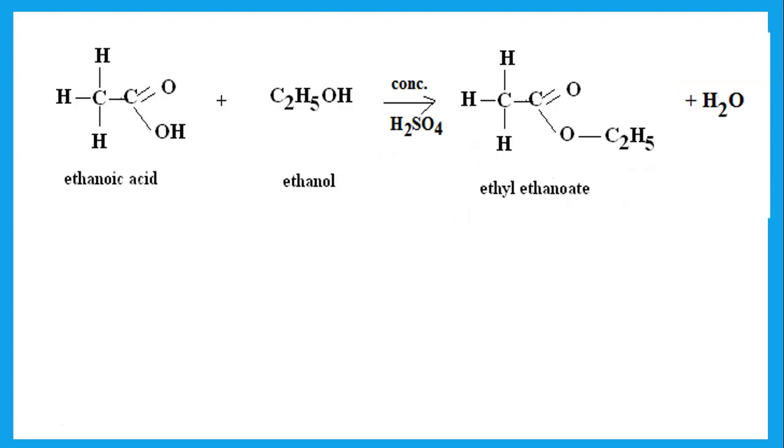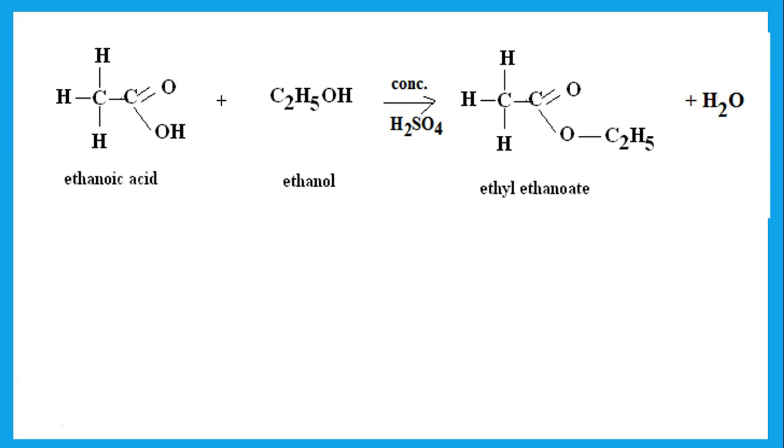So if we have ethanoic acid with ethanol, first of all, remember that the catalyst for this process, which we call esterification, is concentrated sulfuric acid. So we have ethanoic acid plus ethanol gives the ester.